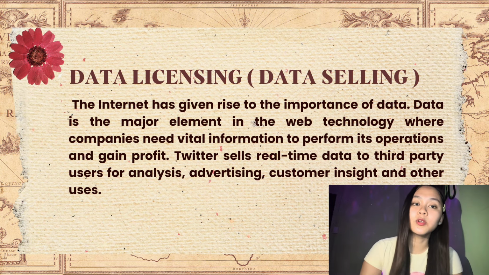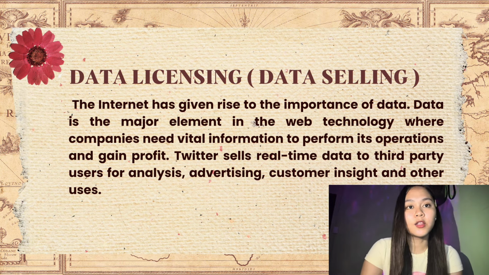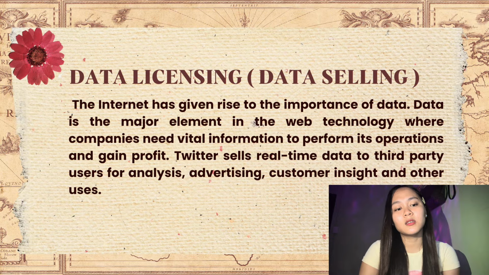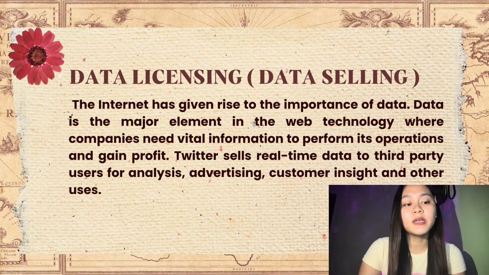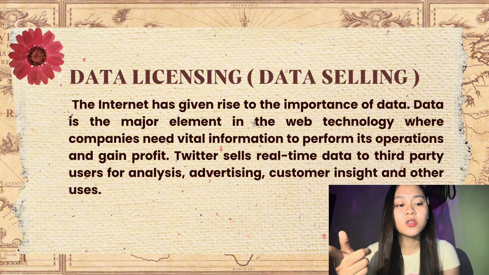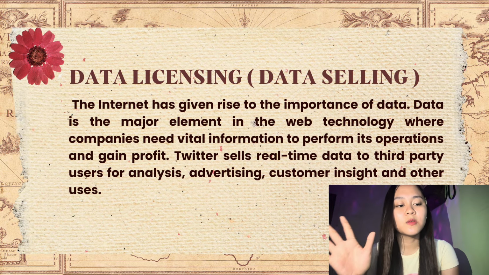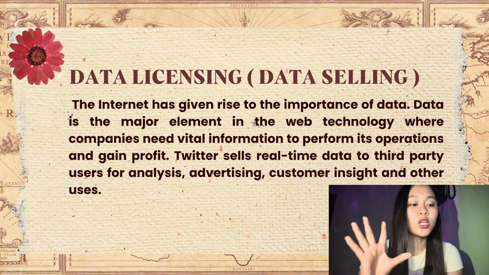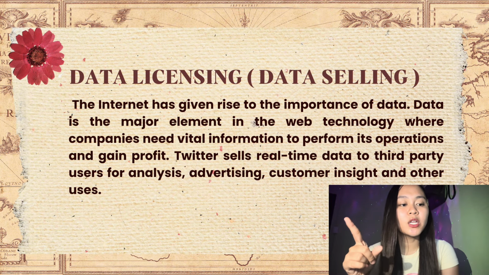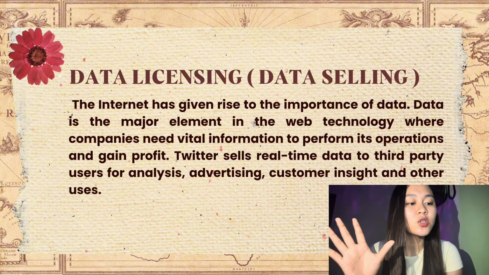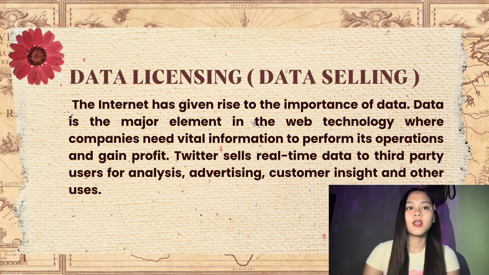So, for example, attached is Twitter. Twitter sells real-time public data to third parties for market analysis, advertising insights, customer behavior research, and trend monitoring. A third party is an outside person that buys data.